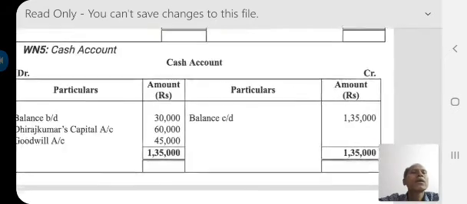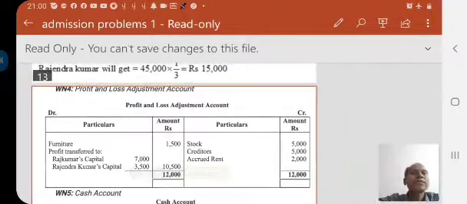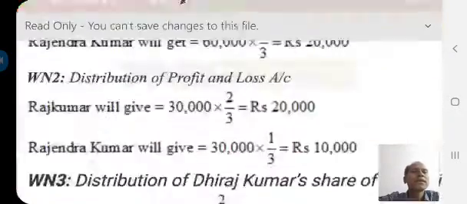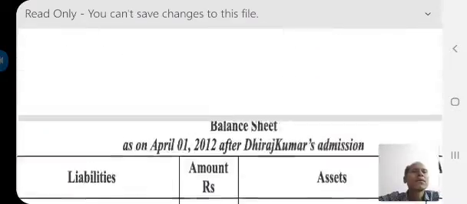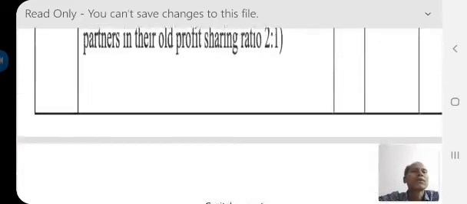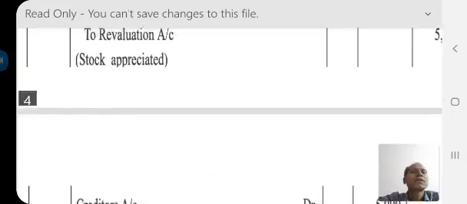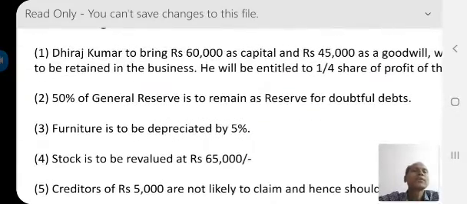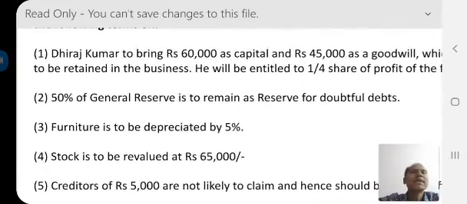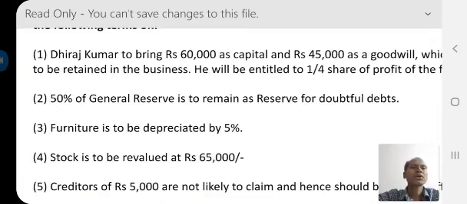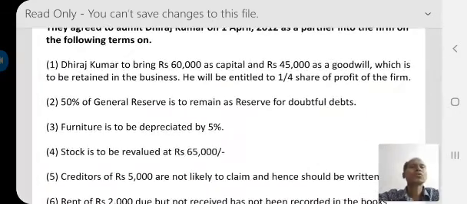So in this problem, we shall see the adjustments once again so that it is very easy for you to solve the other problems.